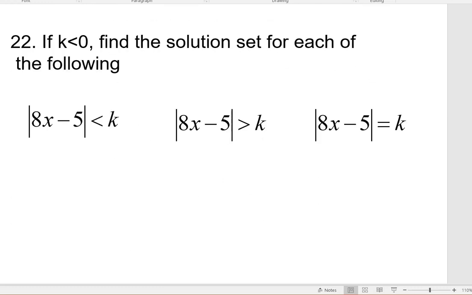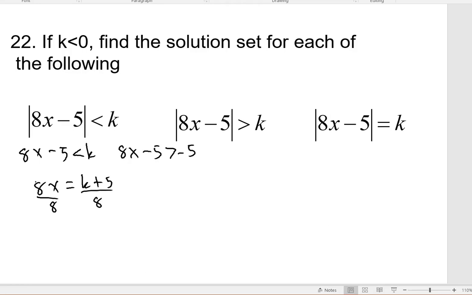And this is just to reiterate it, okay? Find the solution for these. Well, if the 8x minus 5 is less than k, and 8x minus 5 is greater than -k. Solving that, 8x would equal k plus 5. Divide everything by 8. Okay. This one, that should be a -k. Adding the 5, 8x would equal -k plus 5.